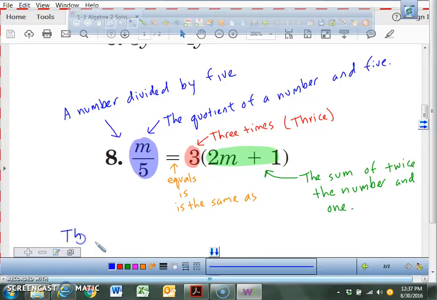All right? I'm going to write the quotient. You didn't have to say the quotient. You could say a number divided by 5.